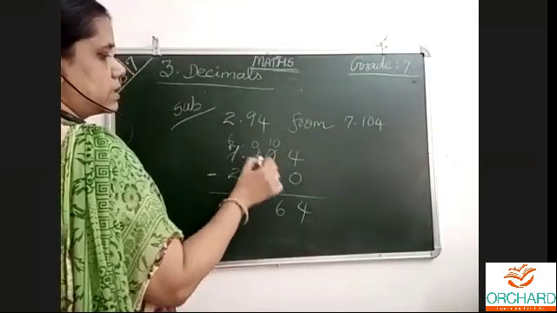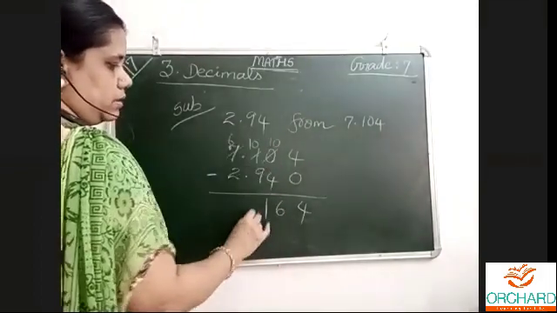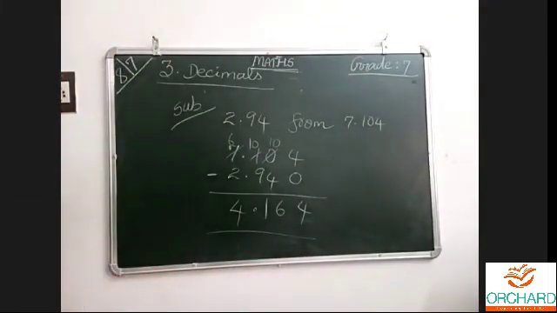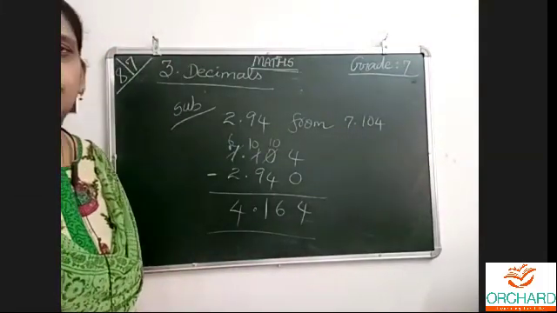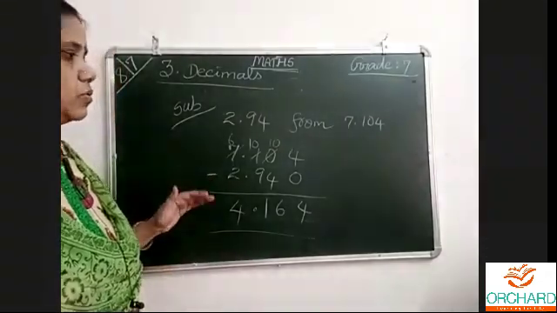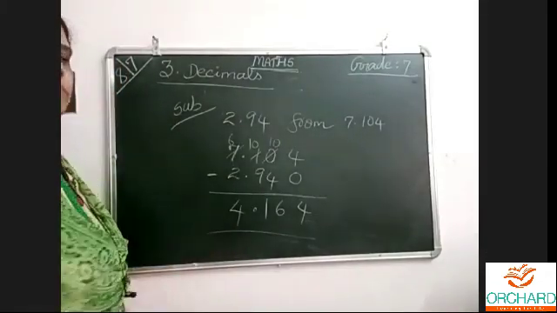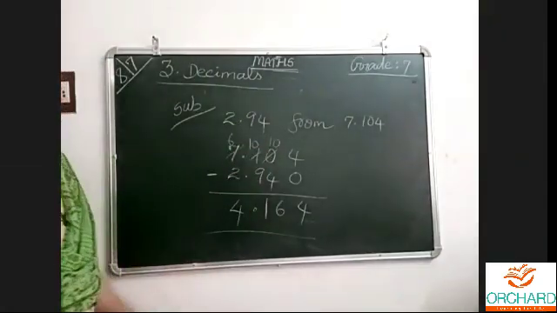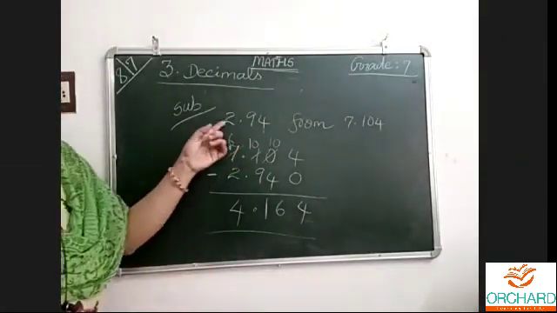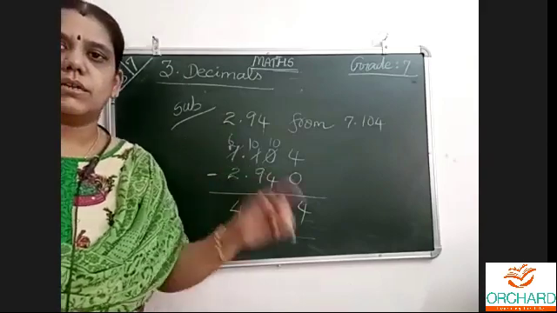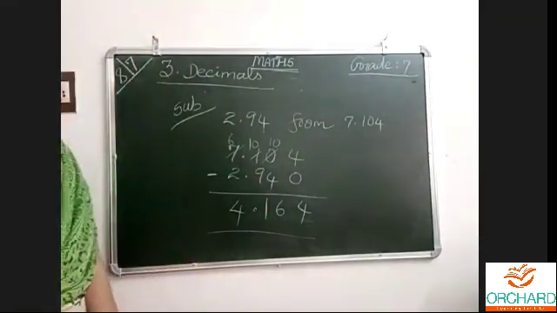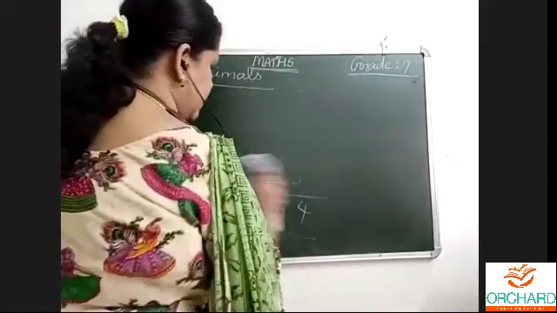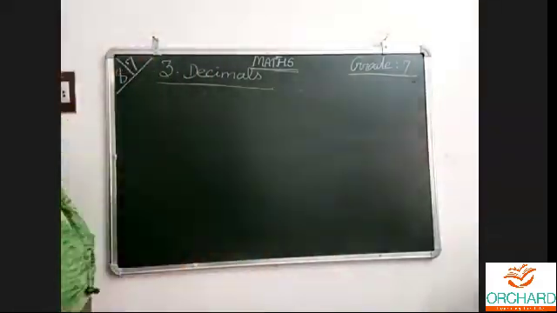Here 6, here 1, 1, 4. So the answer is 4.164. Like this way to do the subtraction. The point should match, then write the numbers. 'From' means that should be taken first, then the other number. This is what is given about addition and subtraction of decimals. We have purely multiplication and division only.